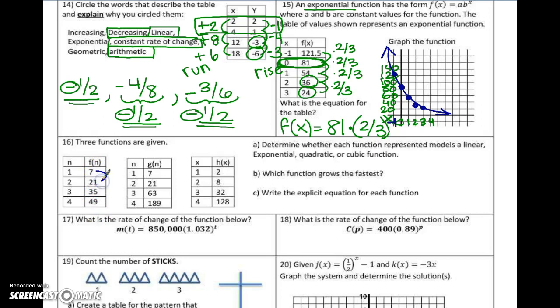If I go from 7 to 21, I could multiply by 3. If I multiply 21 by 3, I don't get 35. So the other way to go, I could add 14. And if you keep adding 14, that would then be linear. And it works, right? If you keep adding 14, you can see that that works.